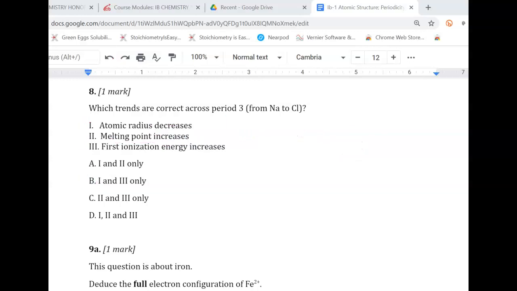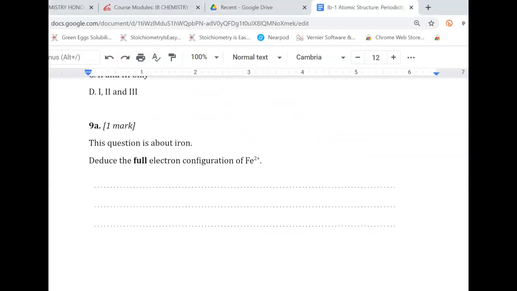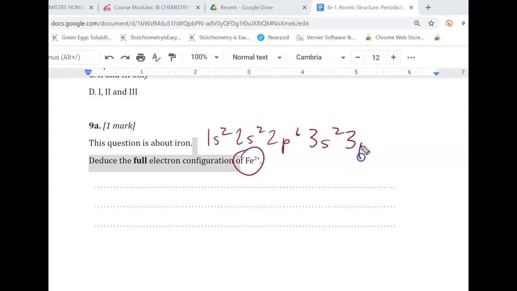All right. So our next one, number 9. Deduce the full electron configuration of Fe2+. Now this is going to require that you do Fe2+, not Fe. Most of you, if you got it wrong, you did it for Fe. So if you got it wrong, you wrote 1s2, 2s2, 2p6, 3s2, 3p6, 4s2, 3d6.